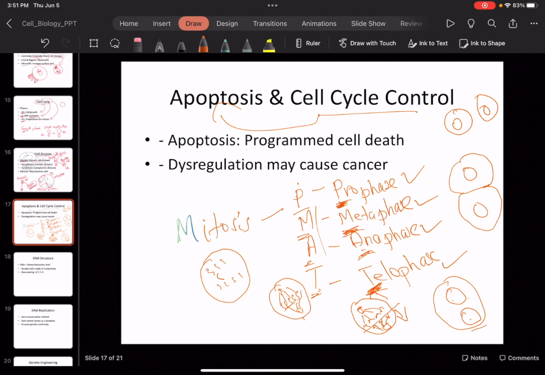Apoptosis is programmed cell death, telling the cells you have an issue, you don't want it to divide and make the mistake again. So it goes through death, signaling to remove the cell. Apoptosis is very important for regulating cancer cells and other things in our system.